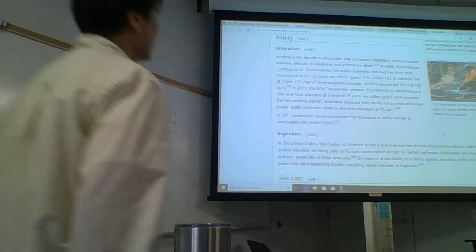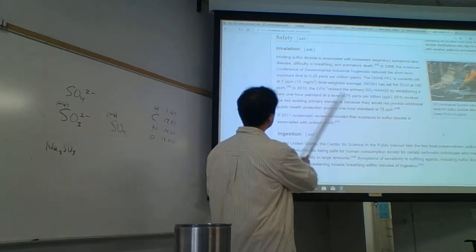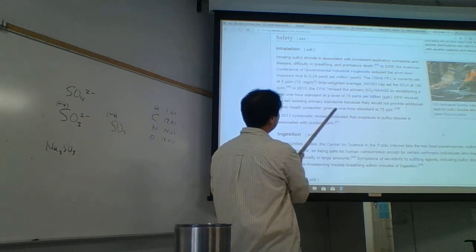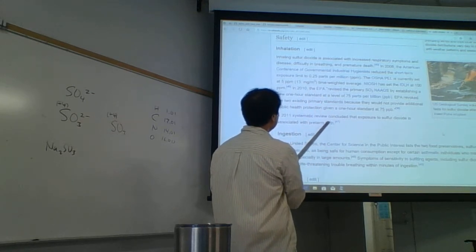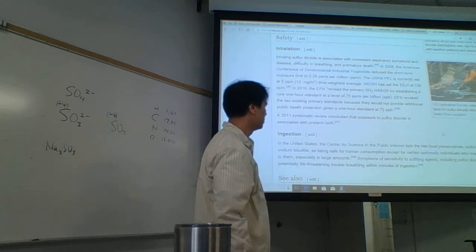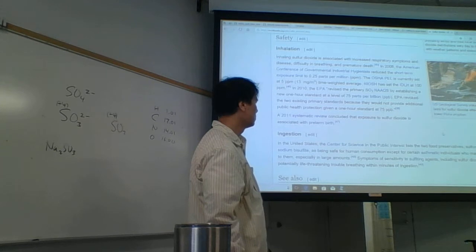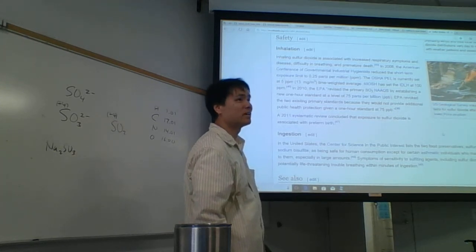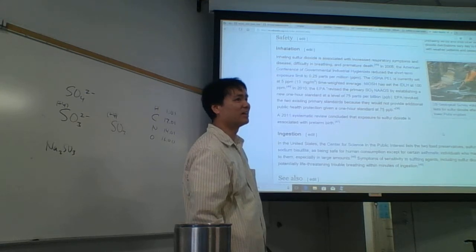Inhaling sulfur dioxide is associated with increased respiratory symptoms, etc. They're going to see that sulfur dioxide looks like it's poisonous. Where does it come from? Sulfur dioxide? Yeah. They make it. You can make it. So it's like a chemical.